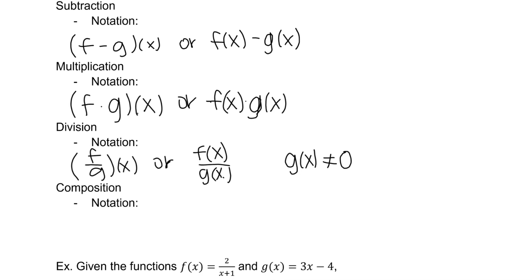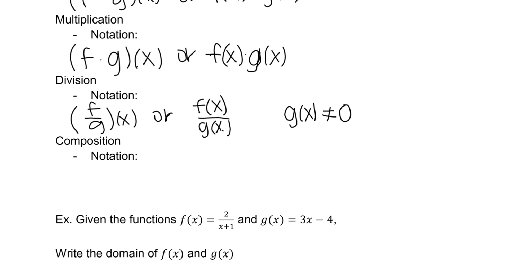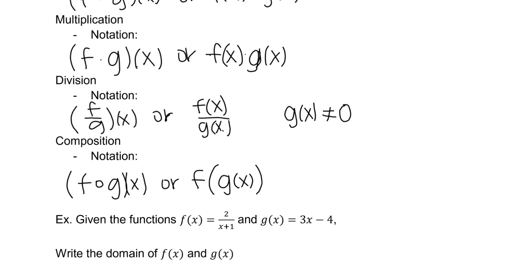Last operation is composition. So notation for composition is (f ∘ g)(x) or f(g(x)). So they're said the same way, but they are not written the same way.